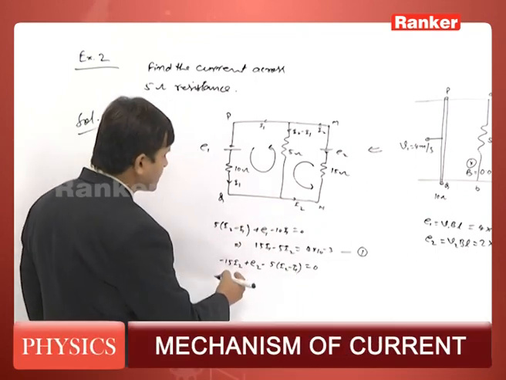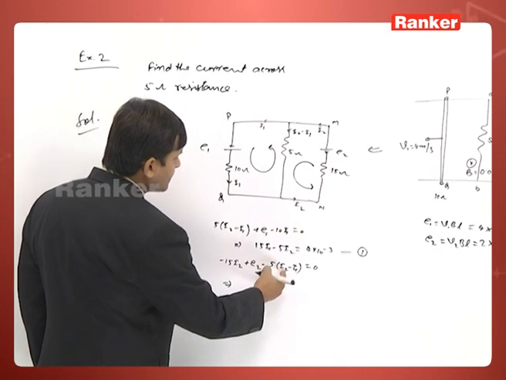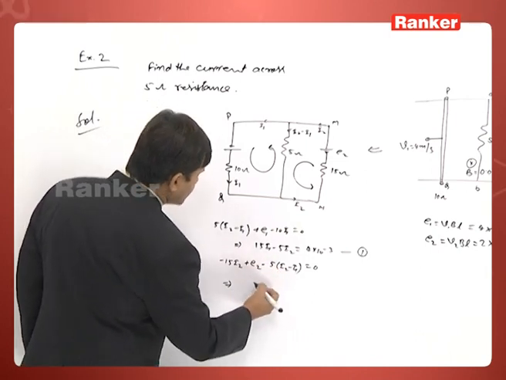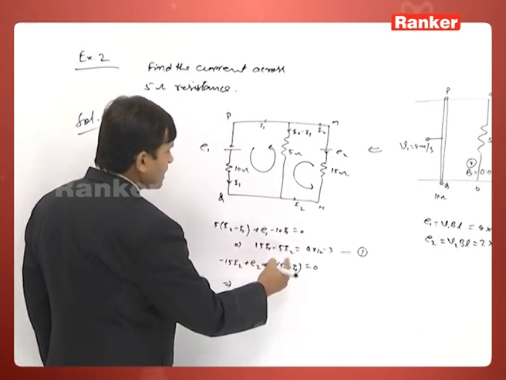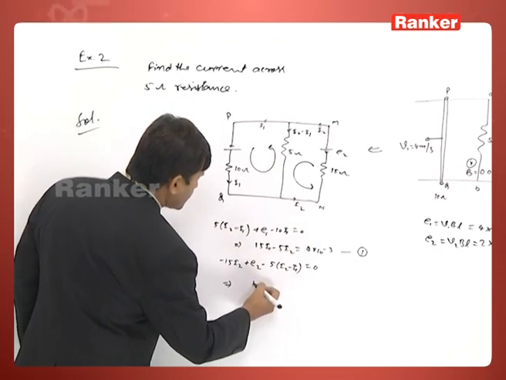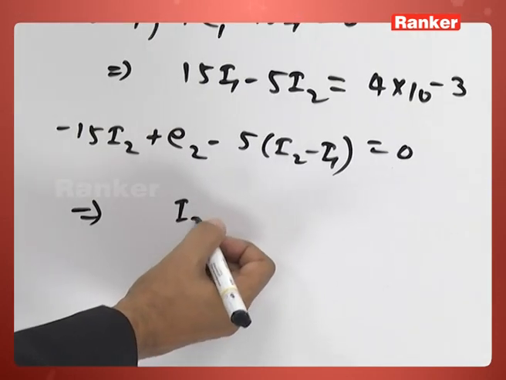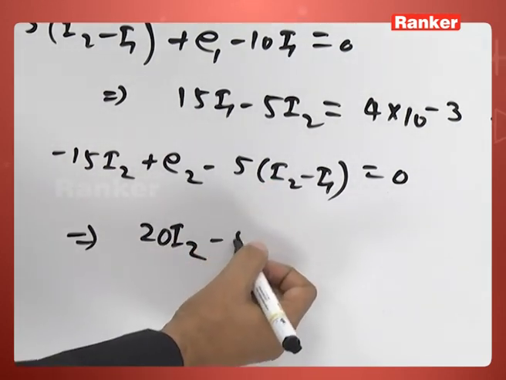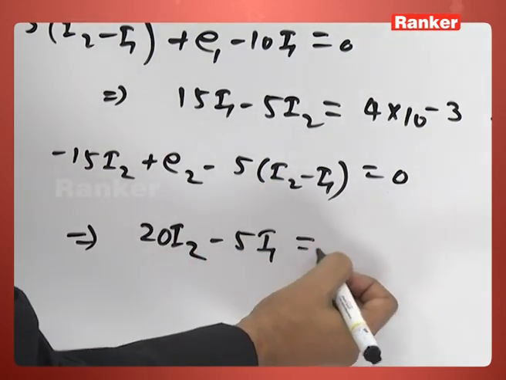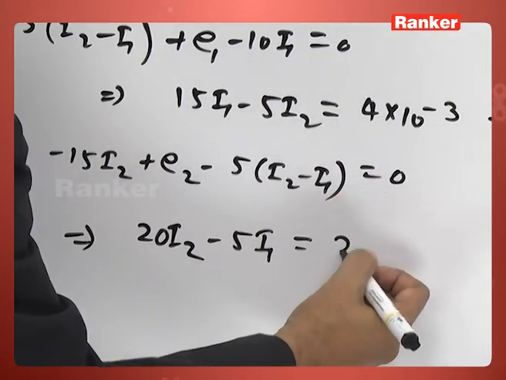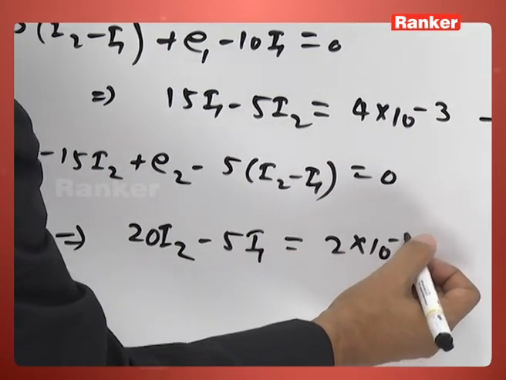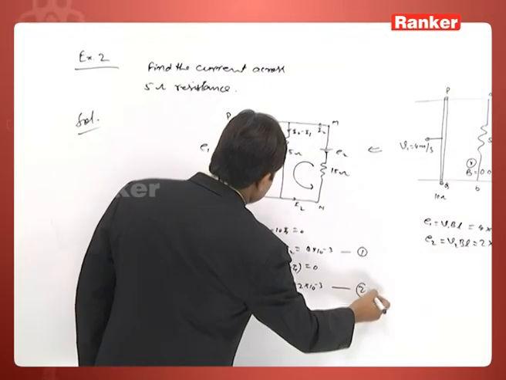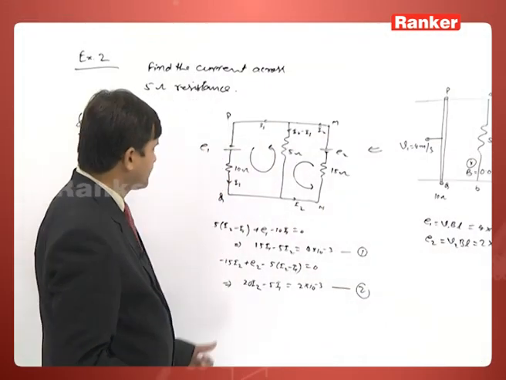What will be the result? 15 I2 plus 5 I2 becomes 20 I2, so 20 I2 minus 5 I1 is equal to E2, and E2 is 2 into 10 to the power minus 3. This is the second equation.